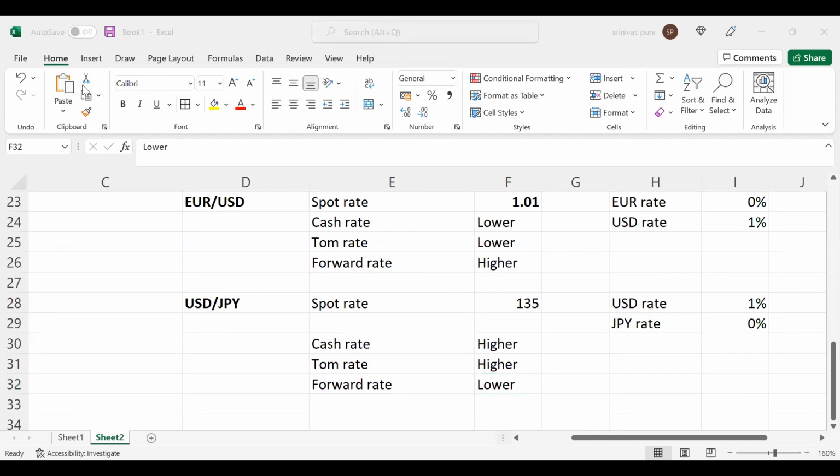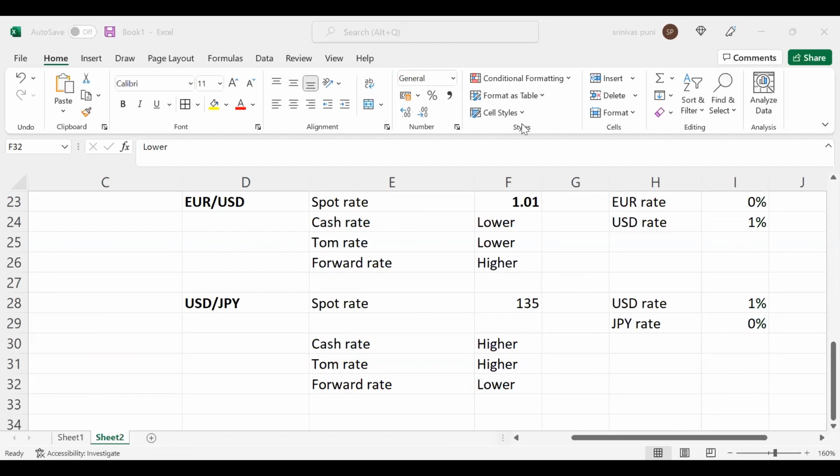Okay, there's a question. Explain USD JPY again. Okay, think of it like this. Remember that particular sentence. The currency with lower interest rate is at a premium, or rather higher value, for the future market.